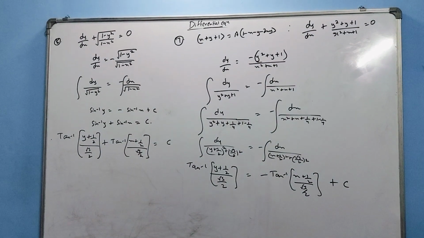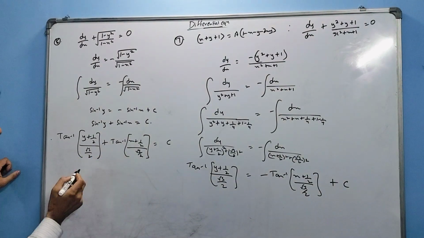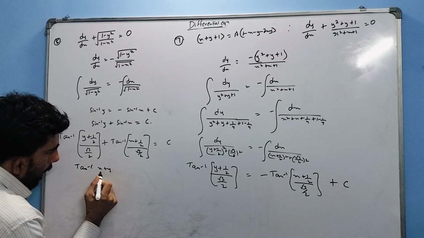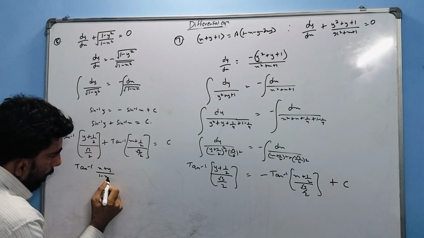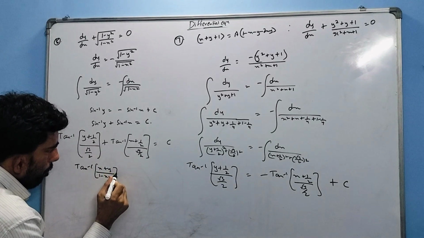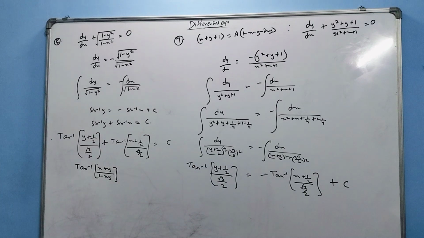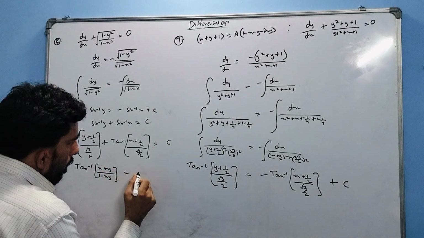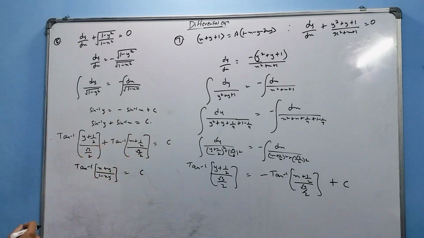Now here I can get tan inverse x plus tan inverse y as tan inverse of (x plus y) upon (1 minus xy). That is the formula we have. We have c here. So now we'll sort this out.